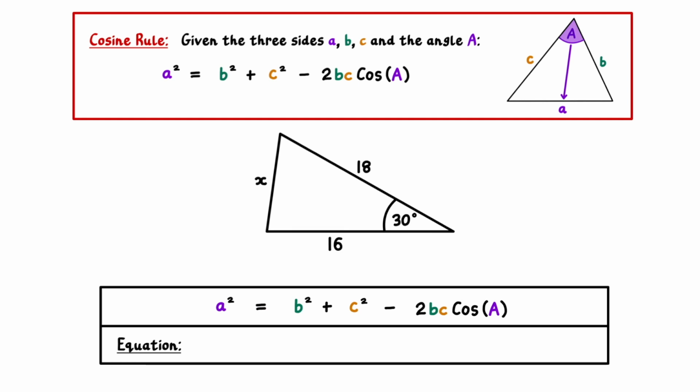In this triangle, the three sides are labelled as 18, 16, and x. We have an angle labelled as 30 degrees.